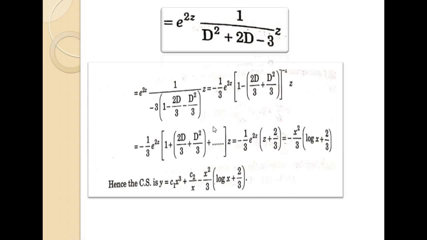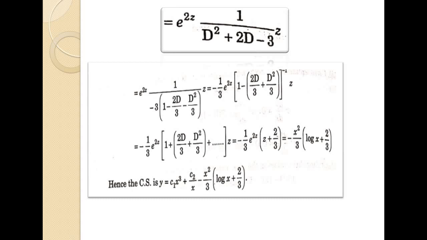Now operate each term of this expansion on z. We get minus 1 by 3 into e power 2z whole into 1 operated on z is z, plus 2 by 3 into D operated on z is 2 by 3, plus D square by 3 operated on z is 1 by 3 into 0, since the double derivative of z is 0.